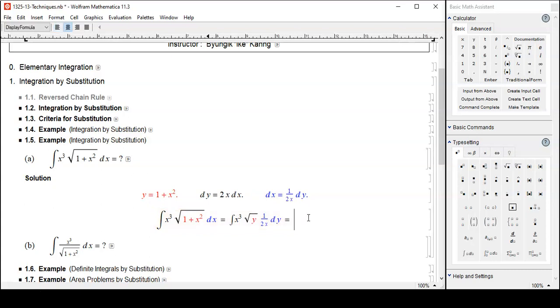Do you see a simplification? Sort of. What I see is this. X cubed and x canceling out, we have x squared over 2, and then square root of y, let's keep it as square root of y, and dy. We still have a problem here.